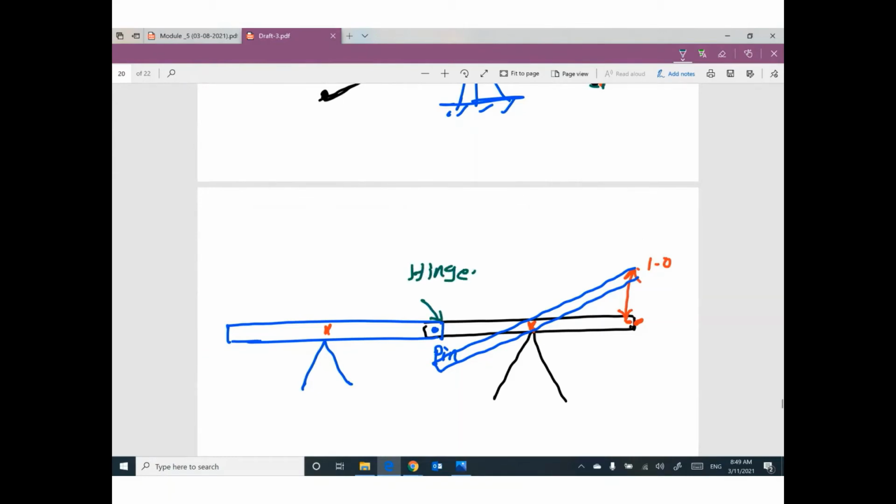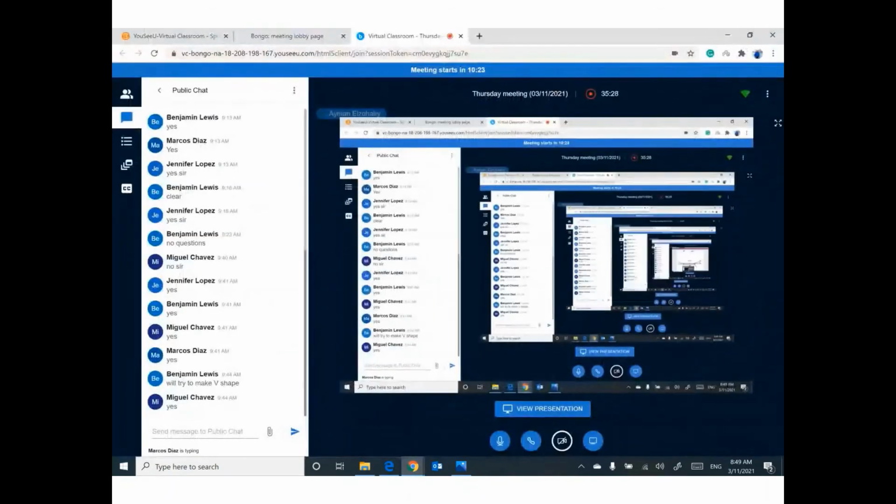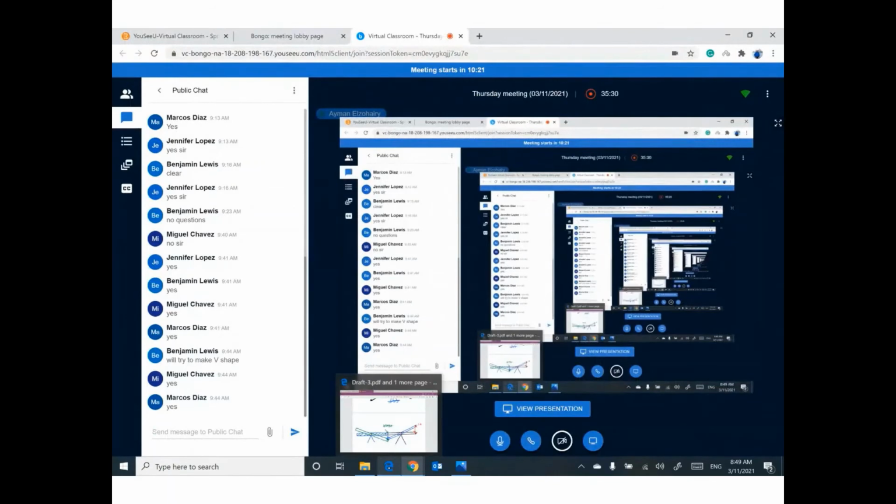So what do you think about the second balance swing? I think the second one will be like this. Do you agree? Does that make sense?